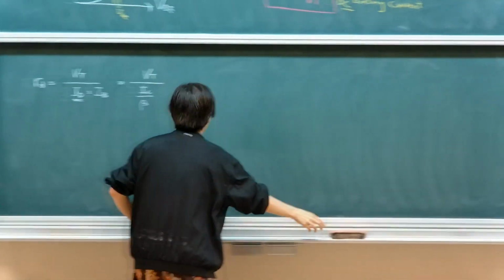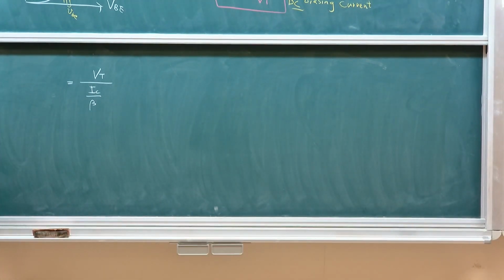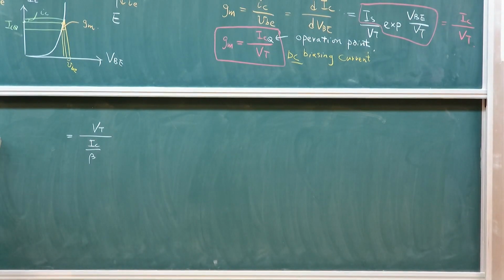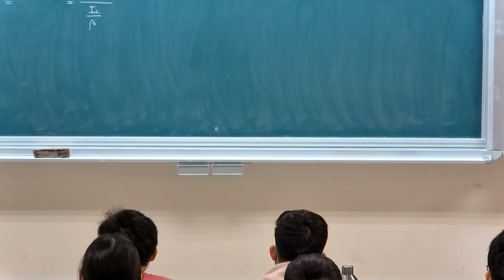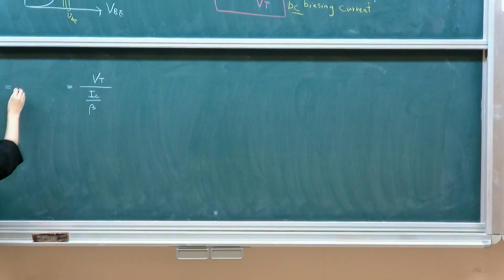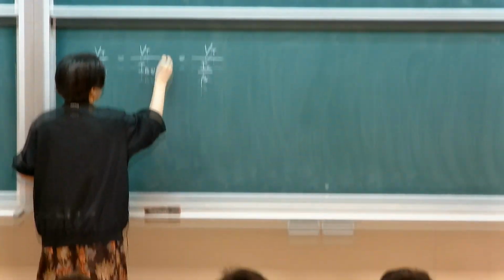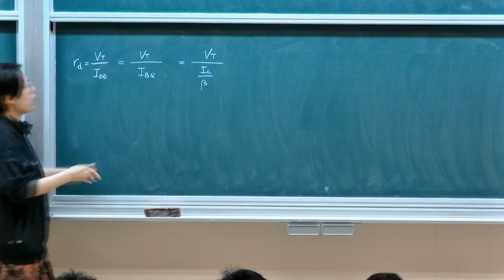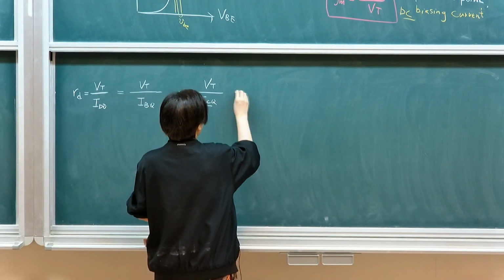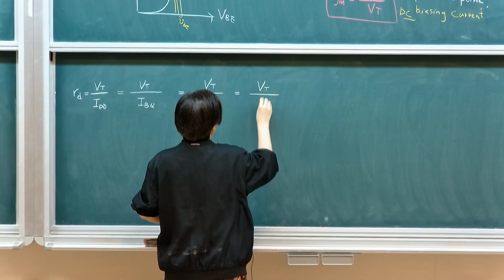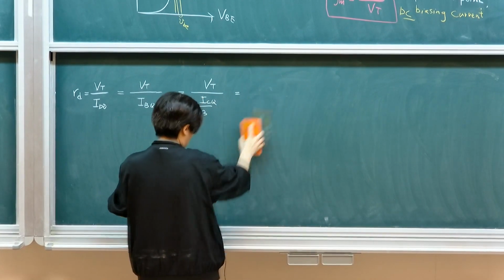Let me rewrite this. So RD by definition is VT over IDQ. In this case, because we're only taking the hole current part, this is the same as the base current, VT over IBQ. I'm adding a Q just to emphasize this in operating point. So this will be this. Therefore, let me rearrange this.